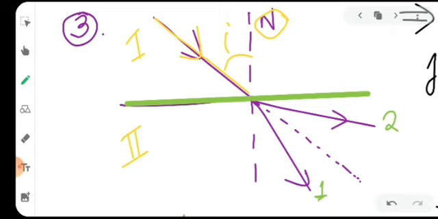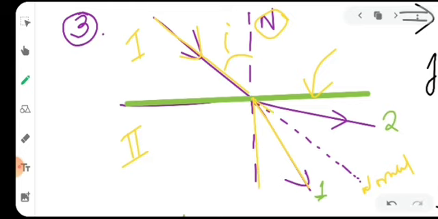So at this angle, when the light crosses the interface, it suffers a deviation. It does not continue along its normal path, but instead it deviates either towards the normal or away from the normal. So this is the normal.